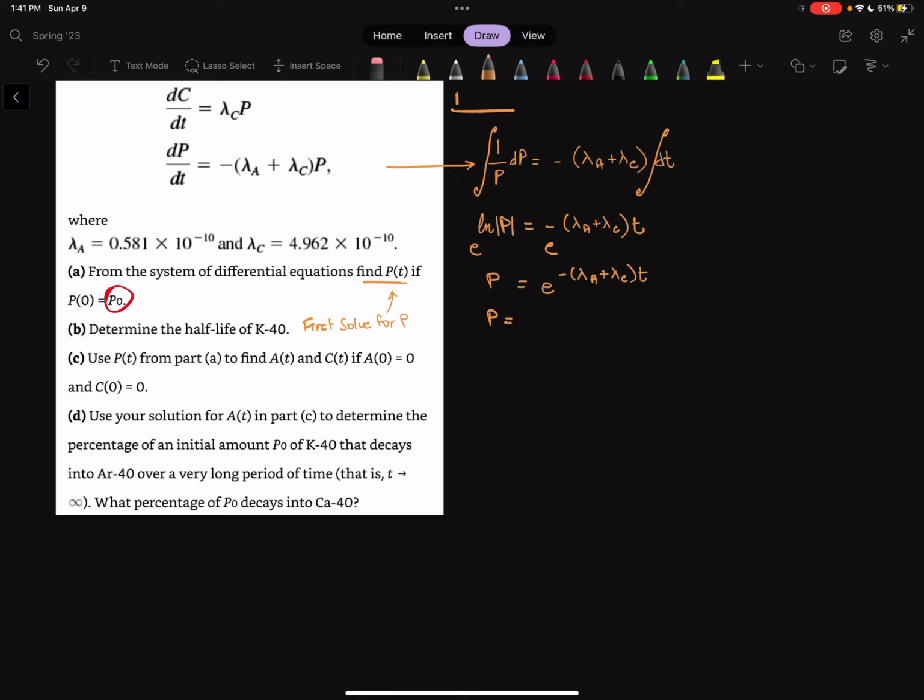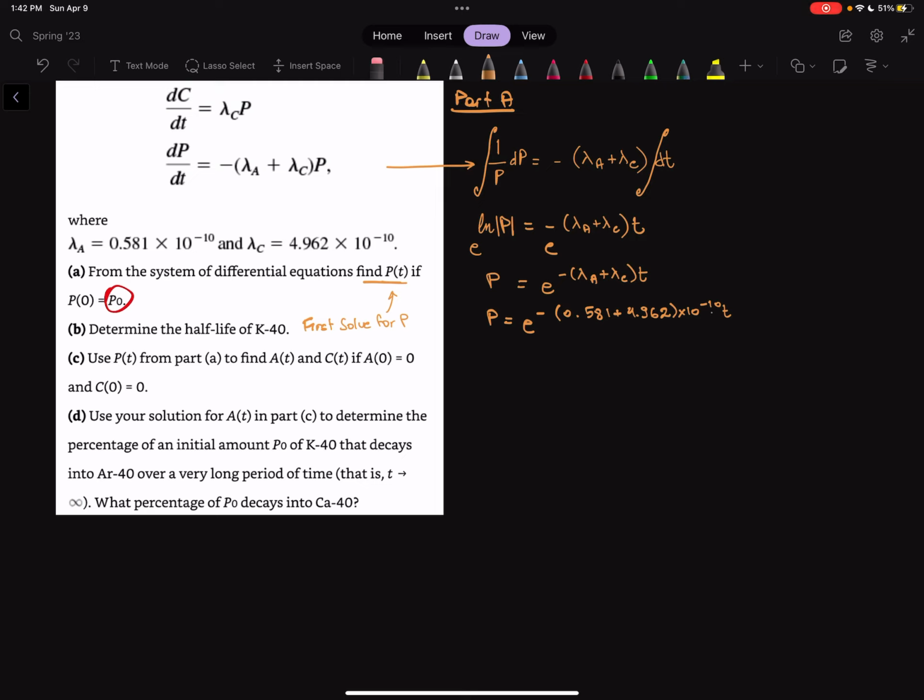And this is part A. So what is this going to be? Well, we have e to the negative 0.581 plus 4.962 times 10 to the negative 10 times t.